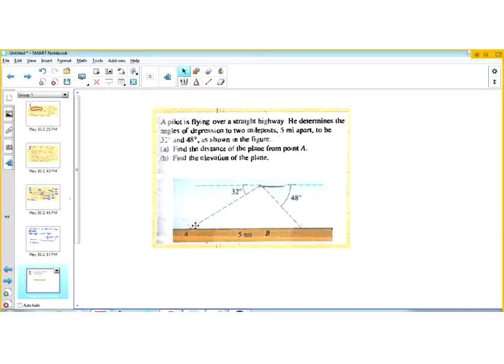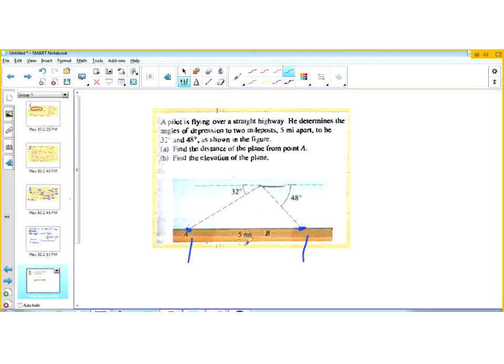He determines the angles of depression to 2 mileposts. The mileposts are not shown very well in this illustration. Here's a milepost at point A, and here's another milepost that doesn't have a label. He determines the angles of depression to 2 mileposts 5 miles apart.